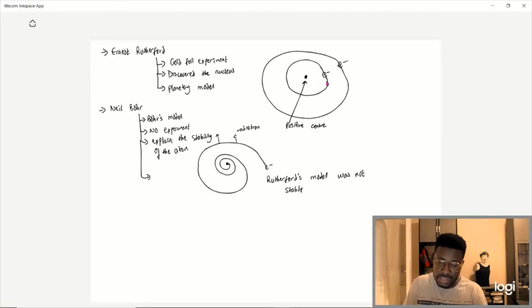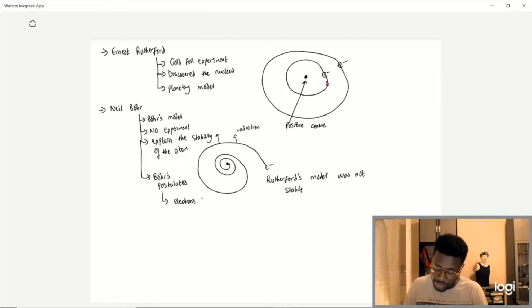So how did he do that? He didn't make any experiments. He just gave certain statements that were to explain something. So they were called Bohr's postulates. Okay, so according to Bohr's postulates, the electrons do not lose energy.